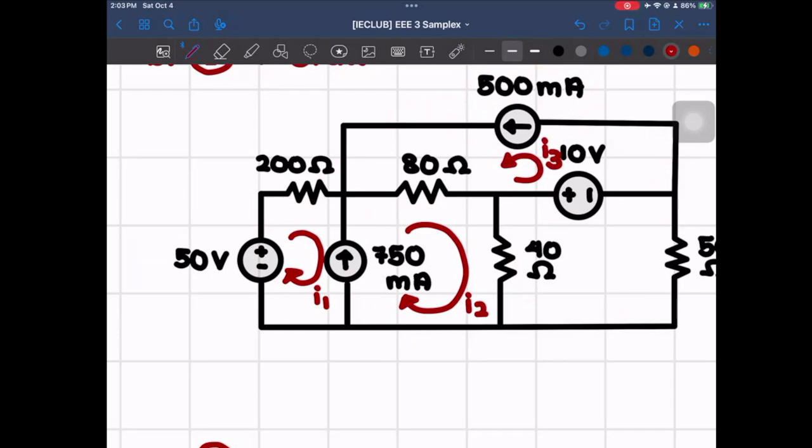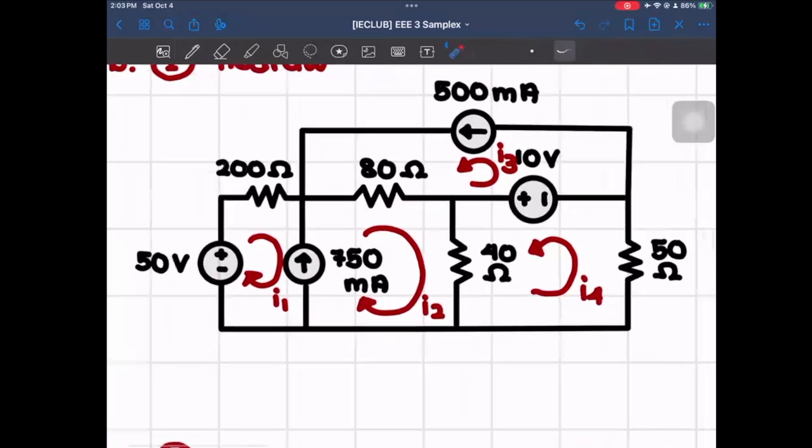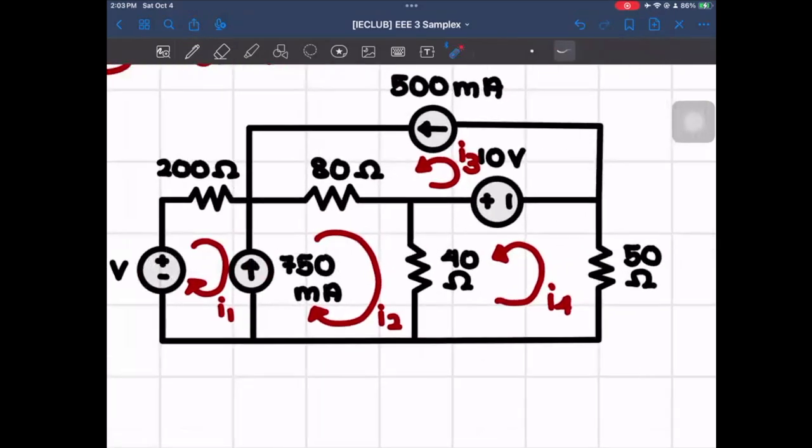And then for our fourth mesh current, I'll actually be putting it counterclockwise, more so because, as we do know, for voltage sources, the current often goes negative to positive. But you could also make it go the same direction as I1 and I2, which is clockwise, if you think that would be better for you that way.